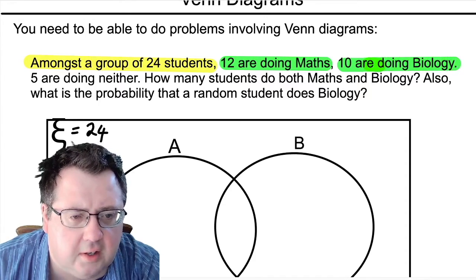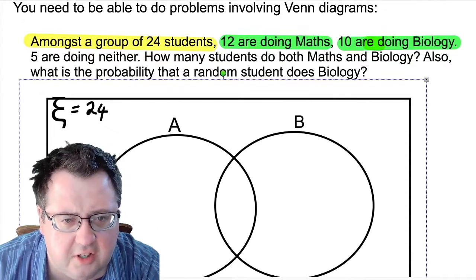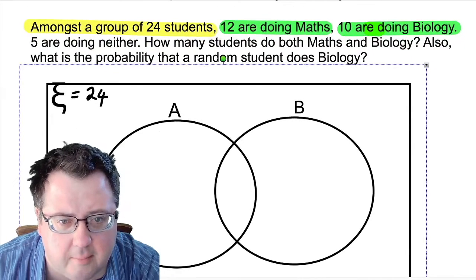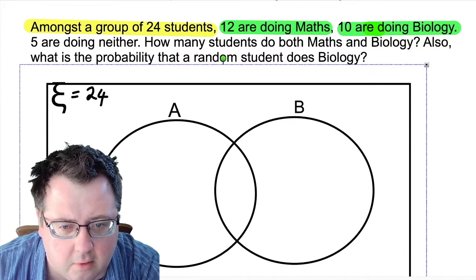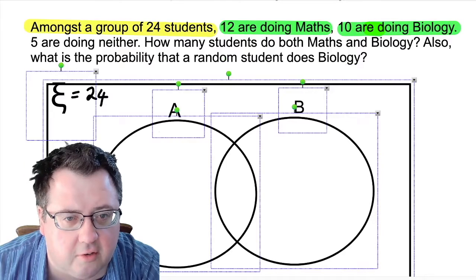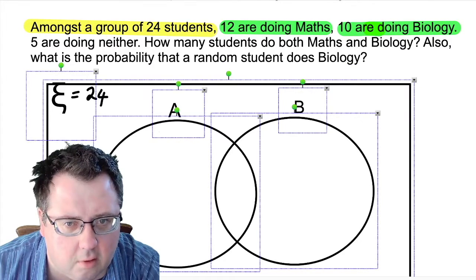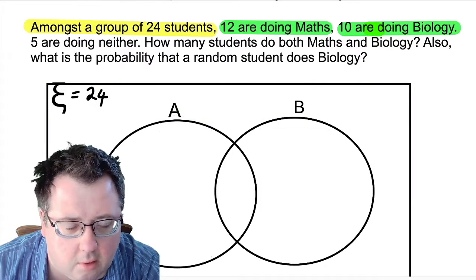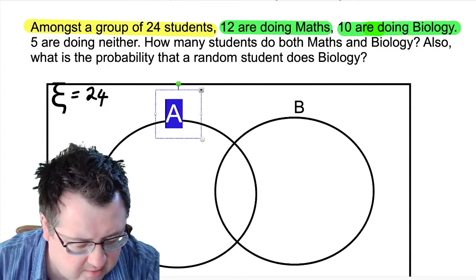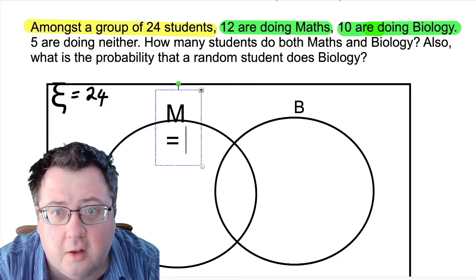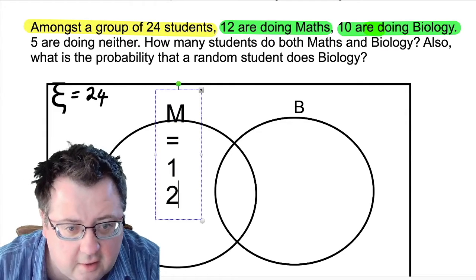I'm going to change the lettering here from A and B. Let's have a quick look at the group. There we go. We'll change A to M, and we'll put 12 in.